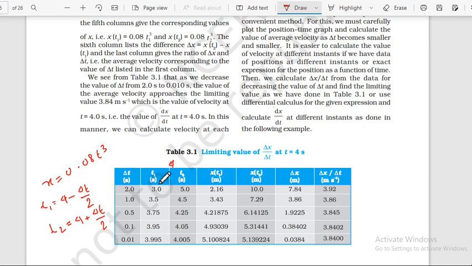At first we are starting with delta t equal to 2 seconds. Slowly we will reduce this delta t to get the instantaneous velocity.